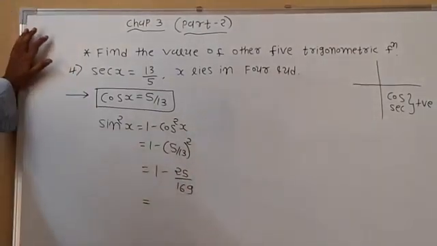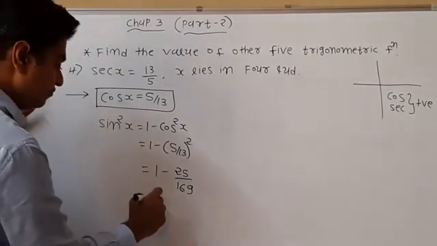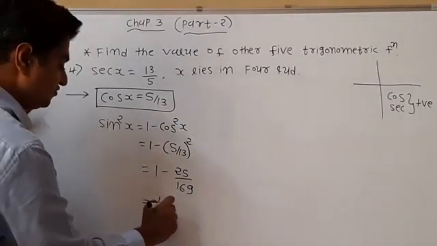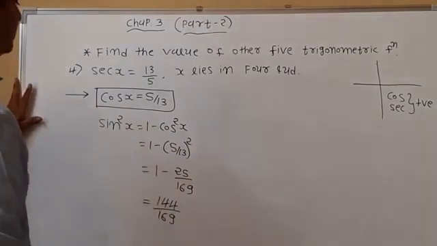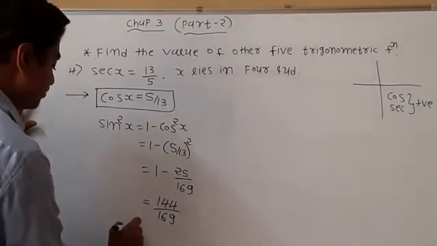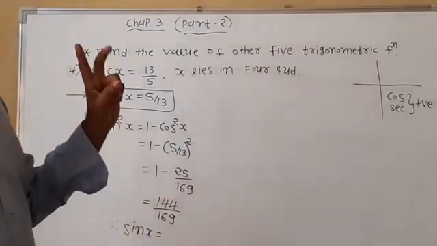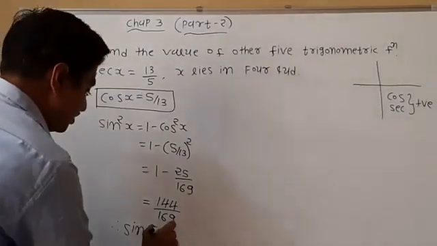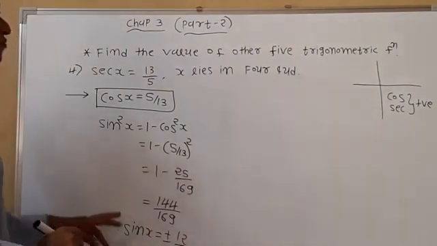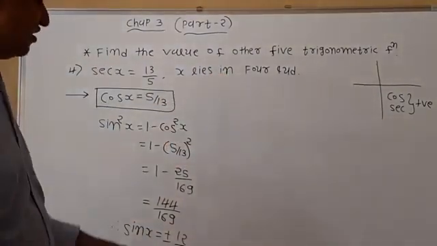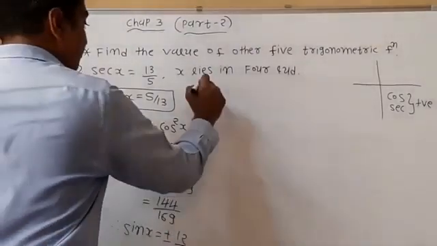Now take LCM, simplify this term. So 169 minus 25, that means 144 upon 169. Remove the square root. So sin x is equal to, we get two values, positive and negative, plus minus 12 by 13. But here the fourth quadrant is given, and in the fourth quadrant the value of sine is negative.